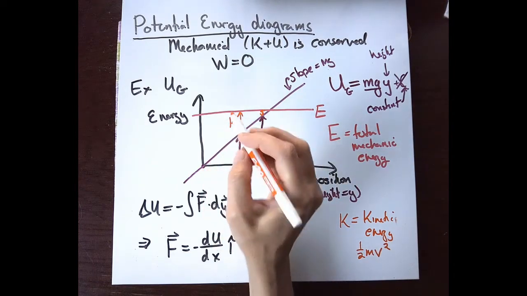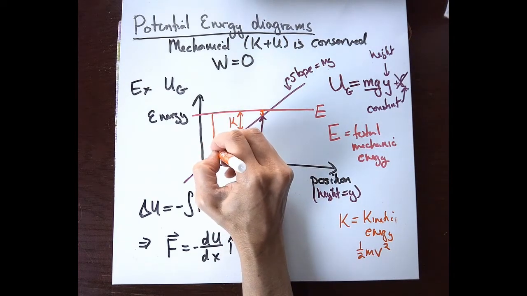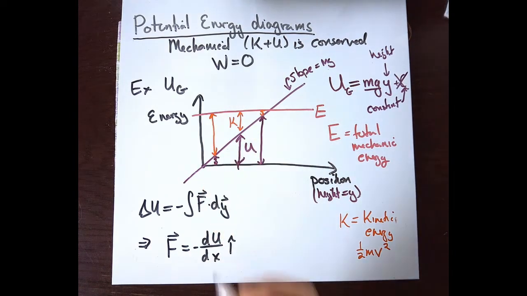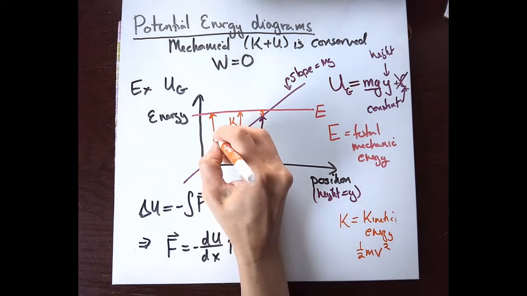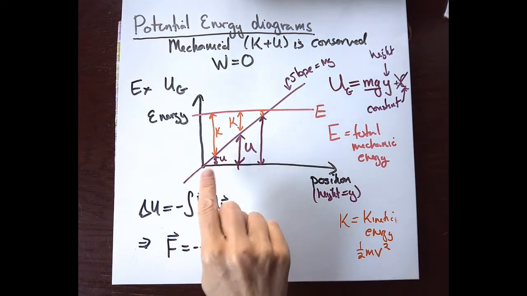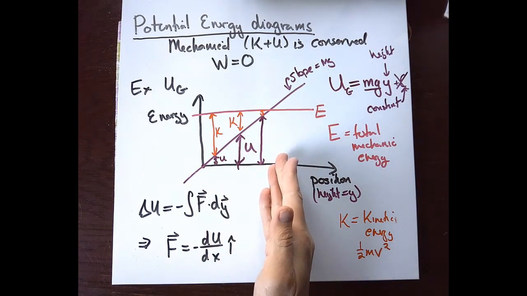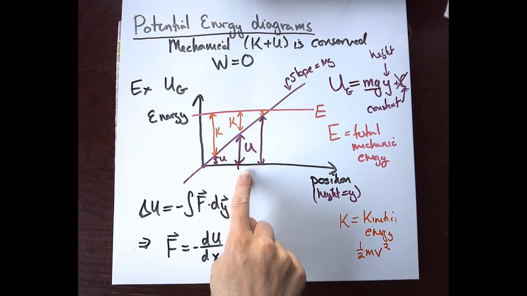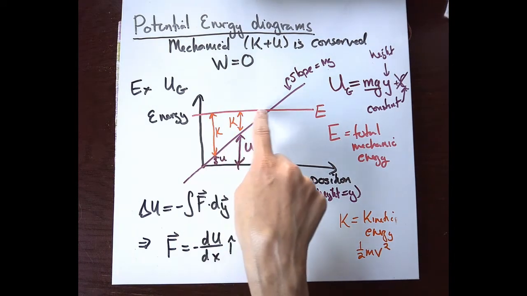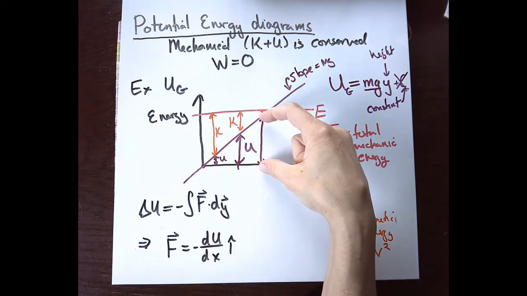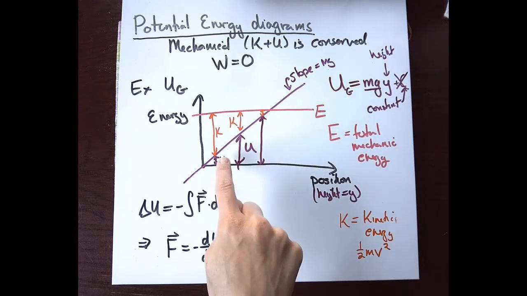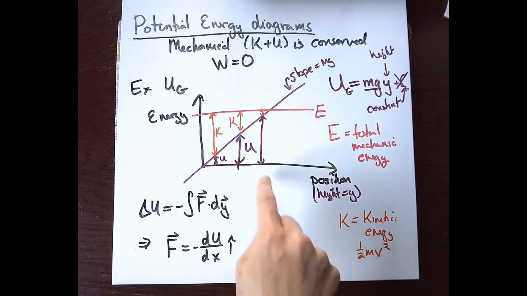If we move this way, we're going to have more kinetic because we got less potential. So that's one thing you can get from the potential energy. You can just sort of look at any position and say, all right, how much of my total energy, this red line up here, is potential energy and how much is kinetic energy? So more potential as you go to bigger y's, to higher heights, makes sense.